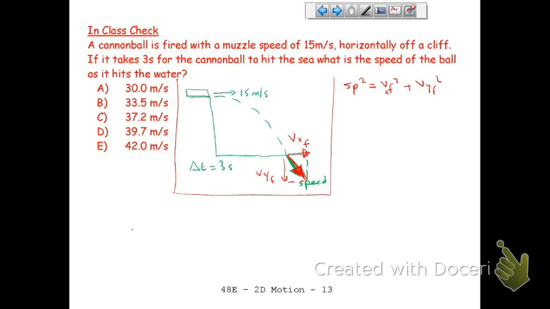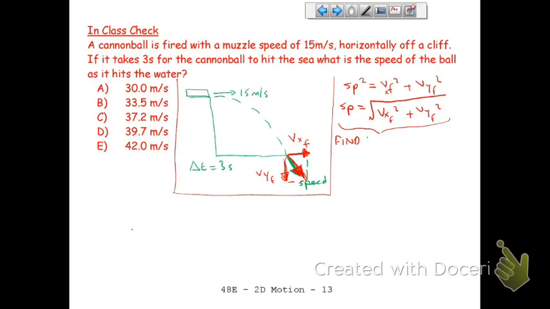Pythagoras. We recognized these are at 90 degrees to each other, which makes a nice rectangle, and half a rectangle is a right triangle, so I can use Pythagoras. So my speed is equal to the square root of Vx final squared plus Vy final squared. All I have to do is figure out what those two things are.